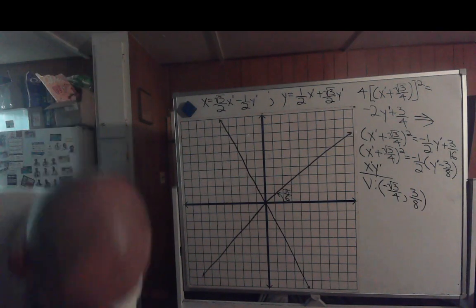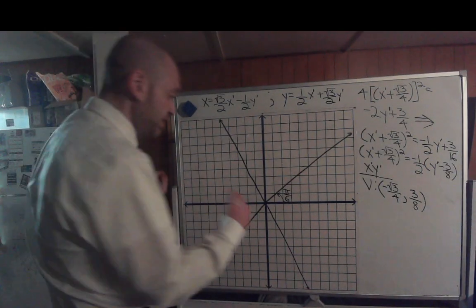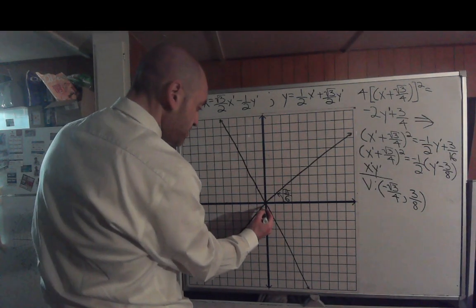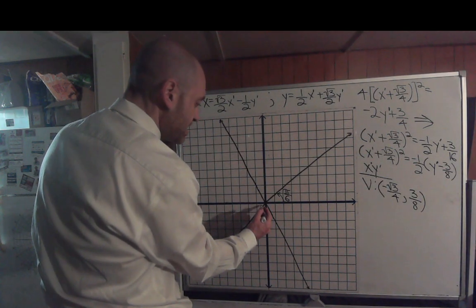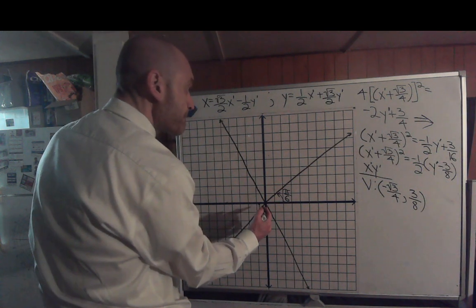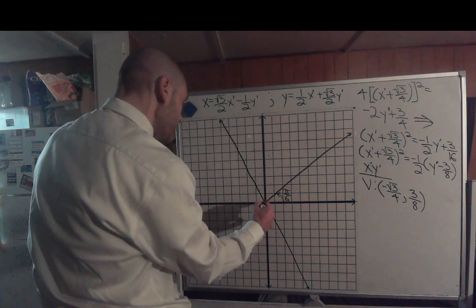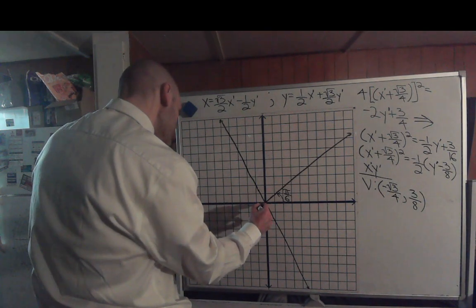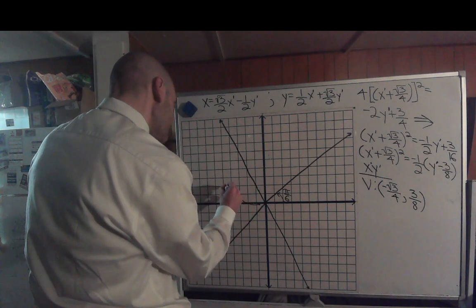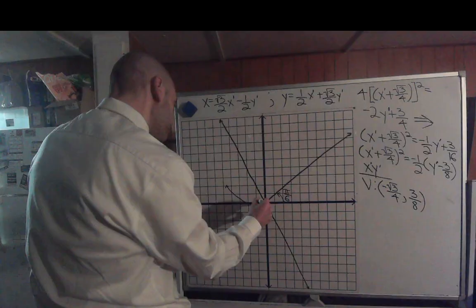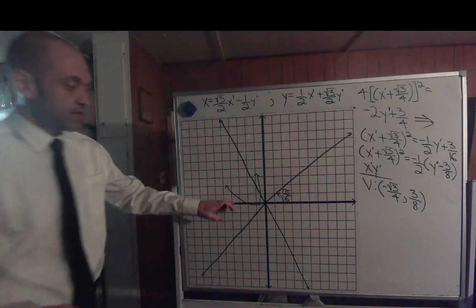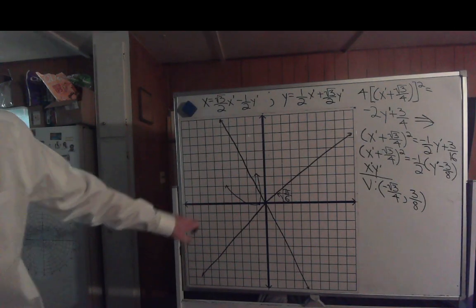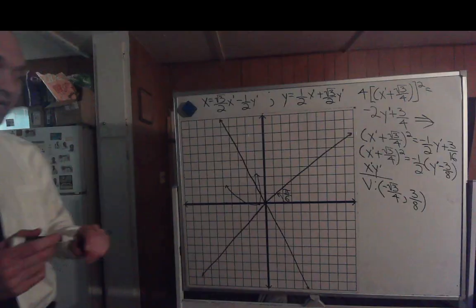That puts your x coordinate at about negative 0.43, and then 3/8 is a little under half, so right about there. And this is going to have y-axis symmetry, so your parabola is going to look something like this. So there's your distorted parabola on the x prime y prime plane.